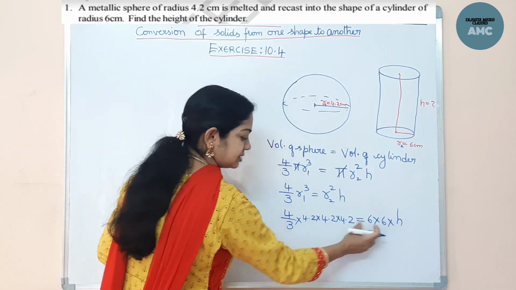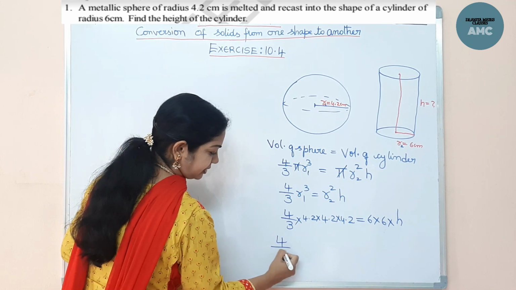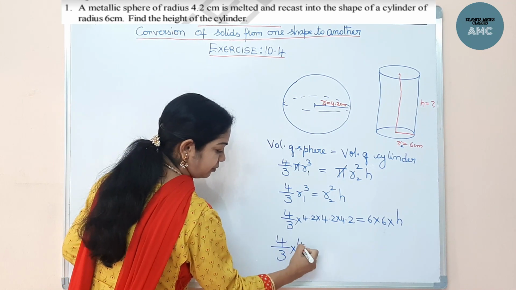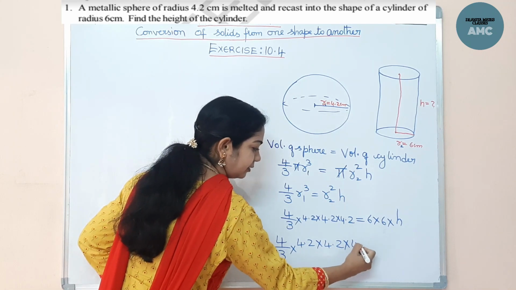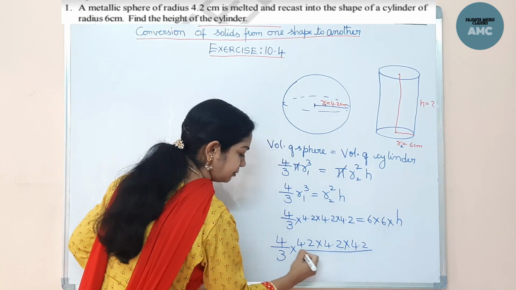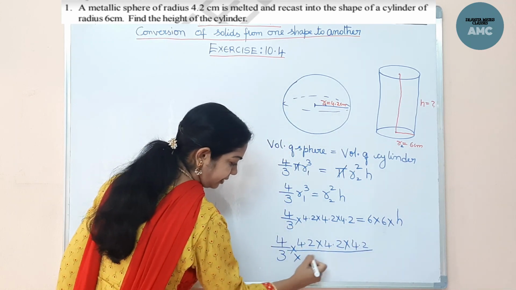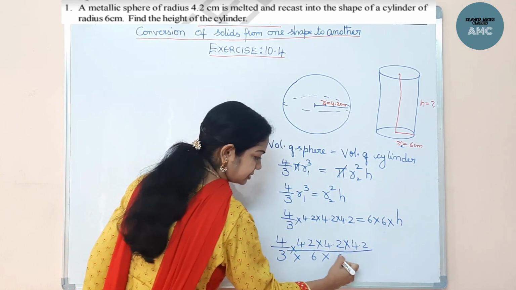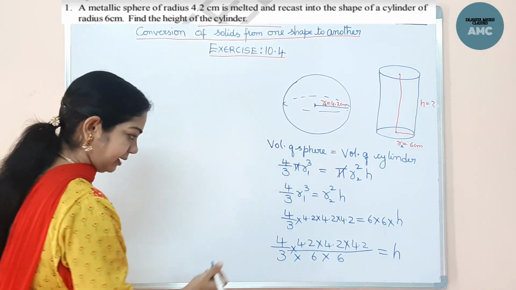So these two 6s, I'll bring to the left hand side. 4 by 3 into 4.2 into 4.2 into 4.2, divided by, since this has been multiplied it comes to the division part, divided by 6 into 6. This comes to h. Now we will cancel the parts here.